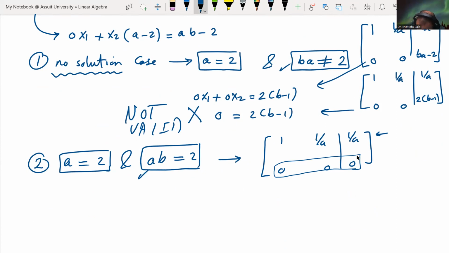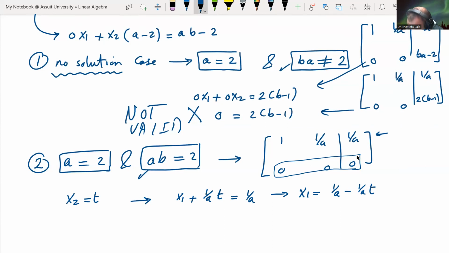So I'm going to assume that x2 equals t, or s, any variable. In that case, x1 plus 1 over A multiplied by x2, which is t now, equals 1 over A. So from that, x1 will be 1 over A minus 1 over A times t, or you can say 1 over A times (1 minus t).